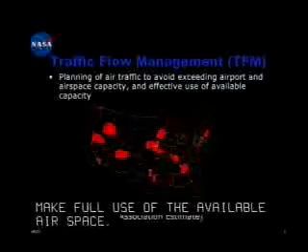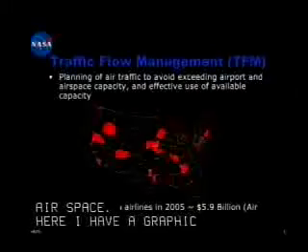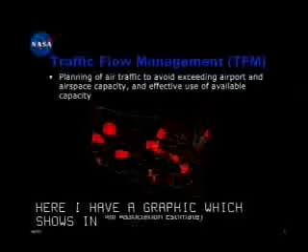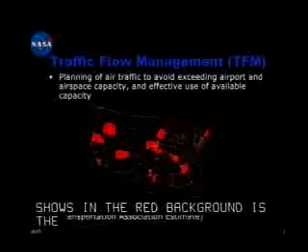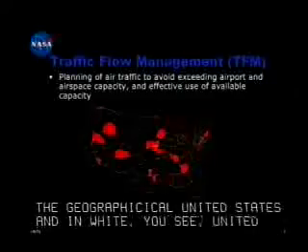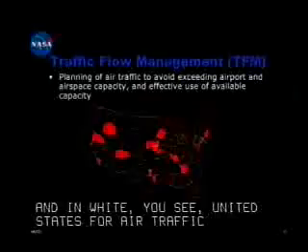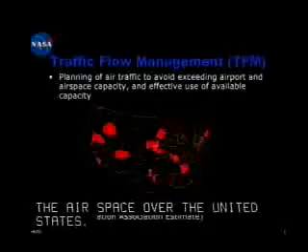Here I have a graphic which shows in the red background the geographical United States, and in white you see the United States for air traffic purposes, the airspace over the United States. These are divided into centers, which are those white regions you see.